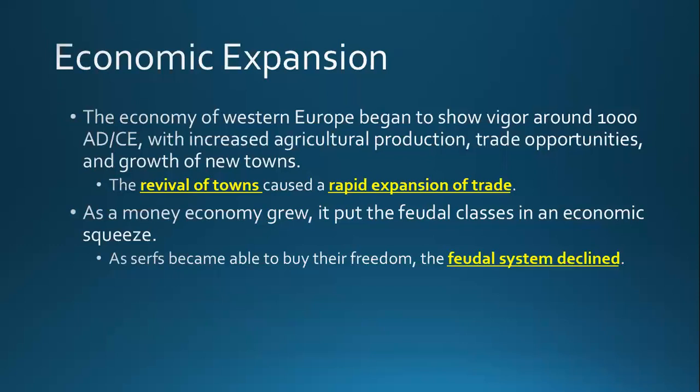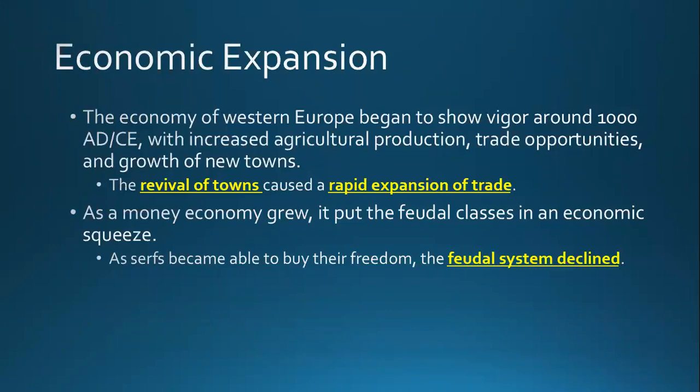So, during the later part of the medieval era, we're going to be seeing some economic expansion. This is going to be basically showing a growth of towns, and trade is going to expand exponentially during this time. This is going to be influenced by the interaction with the Middle East that happens a lot more during this later period.